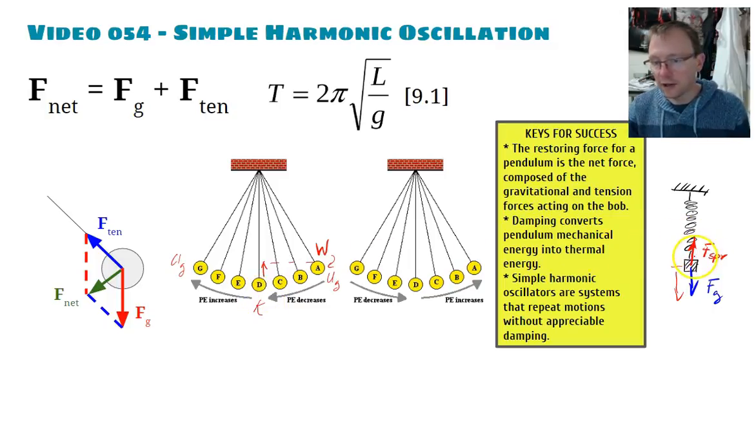We saw this in springs, when I first hooked a mass onto a spring that I hung from the ceiling. It found its equilibrium position when the spring force and the gravitational force were balanced out. I could then do work on it. As you recall, I took the bob and I pulled it down, and therefore I did work on it, and that work became potential energy in the system, specifically elastic potential energy or spring potential energy.